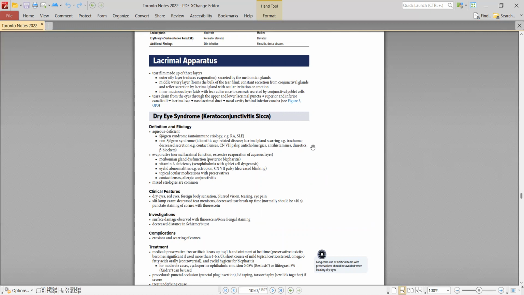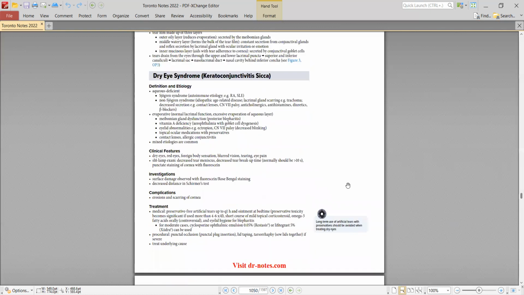So basically this dry eye is actually autoimmune destruction of the lacrimal gland. It can be autoimmune, like Sjogren syndrome, or non-Sjogren syndrome.